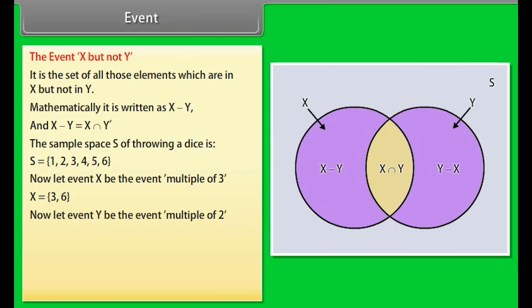Now let event Y be the event multiple of 2. Y is equal to 2, 4, 6. Then Y dash is equal to 1, 3, 5. The event X intersection Y dash is equal to 3.